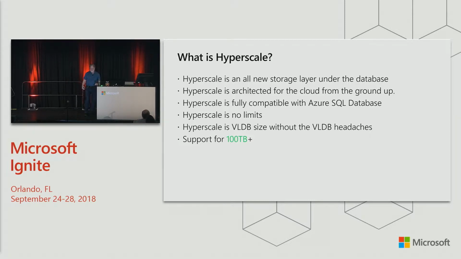So that means that when we looked at re-implementing the storage layer underneath SQL, we took into account cloud architectures and capabilities. There's a lot of things that clouds bring to the table in terms of flexibility, the ability to move things around. We're taking advantage of that, and we designed for that through all that.